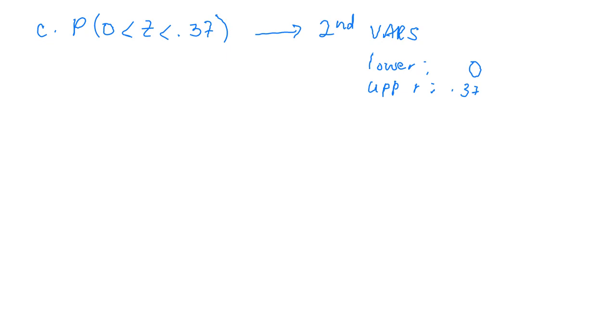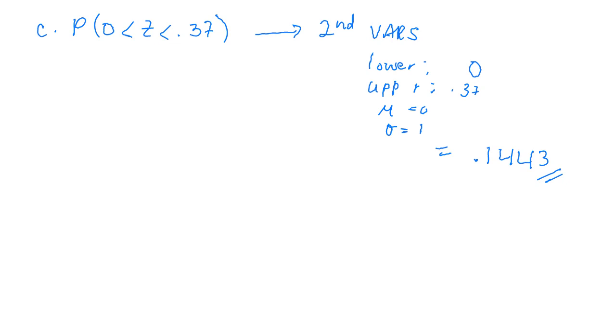Then you keep your mean, which is 0, and standard deviation, which is 1. Let me check. Second vars, normal CDF, lower is 0, upper is 0.37. So I got 0.1443. All right, that's letter C.